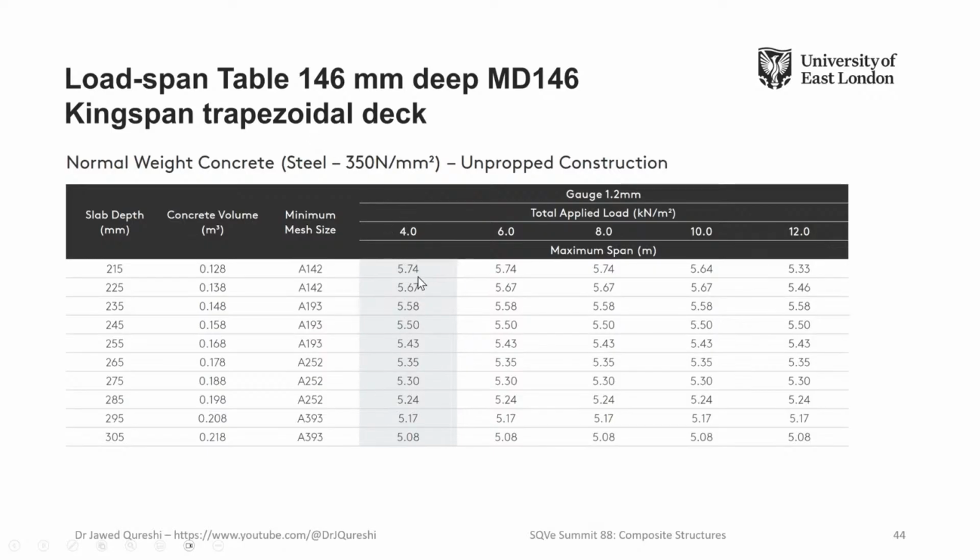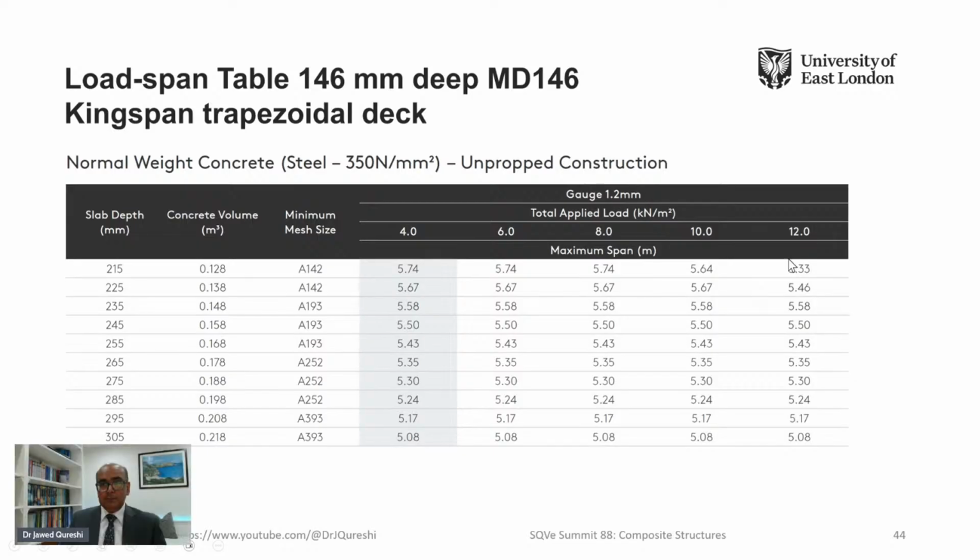Here, spanning capability is as much as 5.74. And as you increase loading, the spanning capability is reducing, but not much. So 5.74, 5.33. So it is giving you an idea of how to size these slabs without performing detailed calculations.